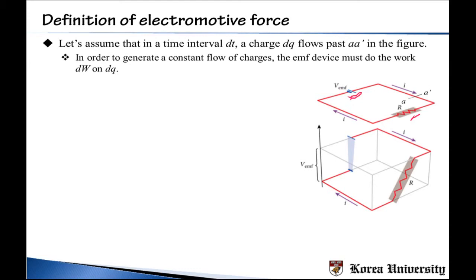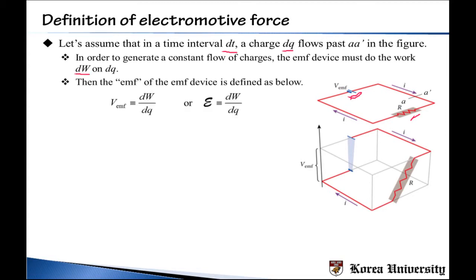So let's suppose you are counting the number of charges flowing at a certain period of time, and let's suppose that during the time period dt, charge dq is flowing in the circuit, okay? And then during this time, the work has to be done by the EMF device to keep the charge flowing, and let's call this small amount of work dW, okay?